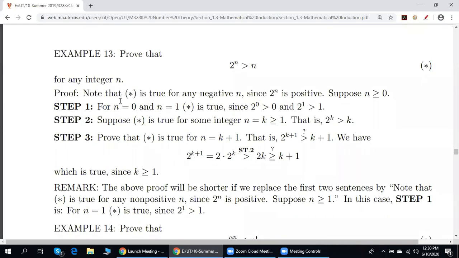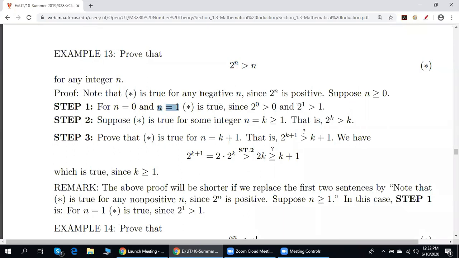Lastly, this proof can be made shorter if we replace this word negative by the word non-positive. Indeed, if sentence number 1 is the following, note that asterisk is true for any non-positive n, then in step 1, we can check that this is true for n is equal to 1.